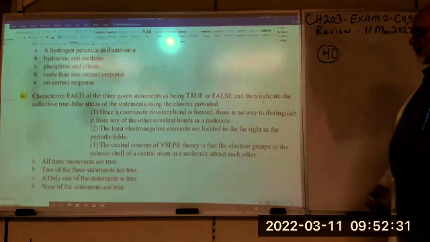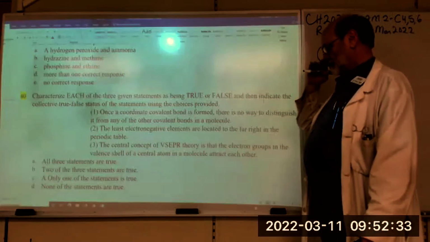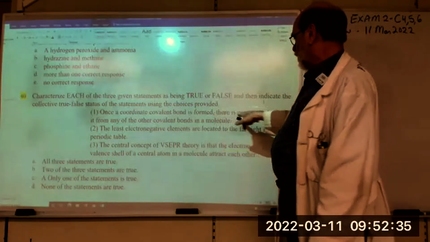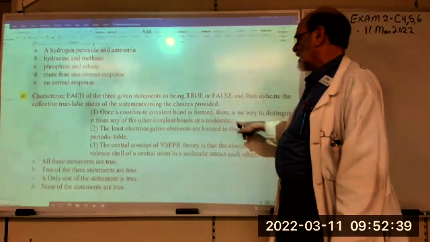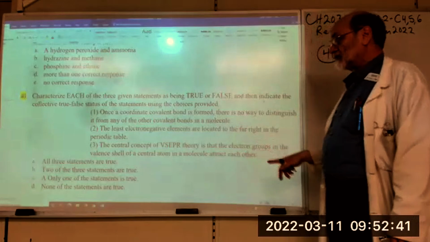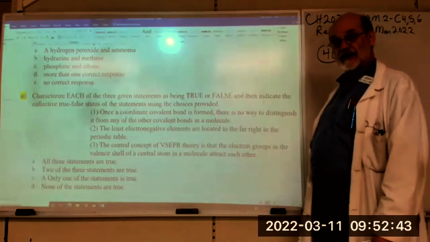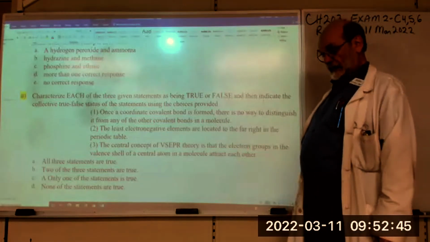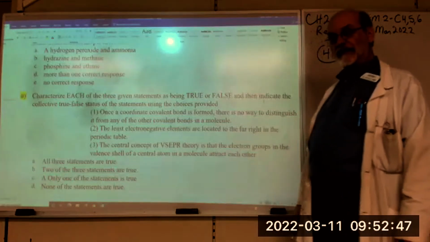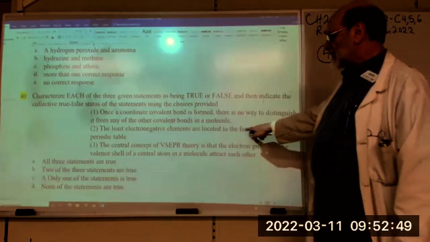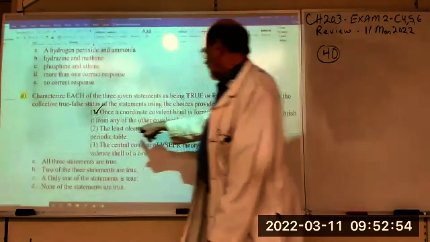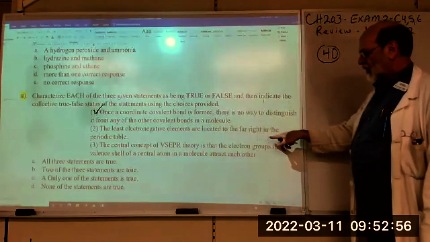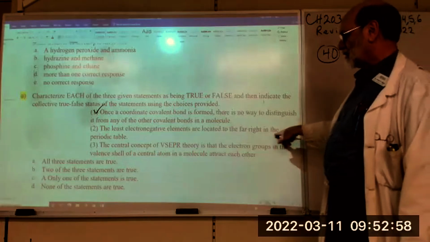All right, let's see which ones of these 3 are true. Once a coordinate covalent bond is formed, there's no way to distinguish it from any of the other covalent bonds in a molecule. That's true. They all behave alike. A covalent bond is a covalent bond is a covalent bond. The least electronegative elements are located to the far right in the periodic table.